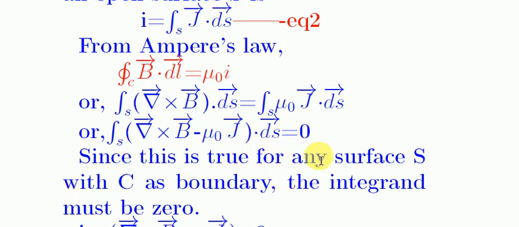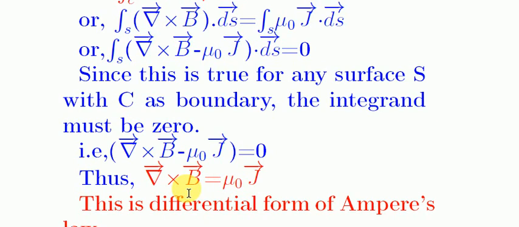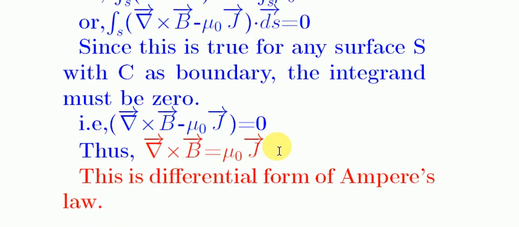Since this is true for any surface S, that is any open surface S with C as a boundary, the integrand must be 0, otherwise it is not possible. That is del cross B minus mu 0 J equal to 0, and we can easily say del cross B equal to mu 0 J. This is the differential form of Ampere's law.